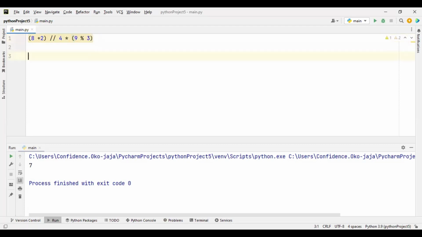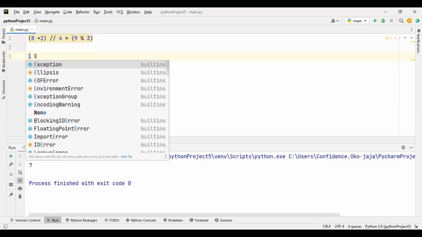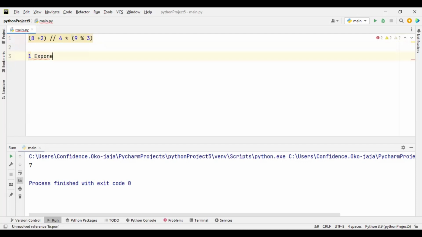Okay, so the first is going to be the parenthesis, and that will be 8 plus 2, which is equal to 10, right?